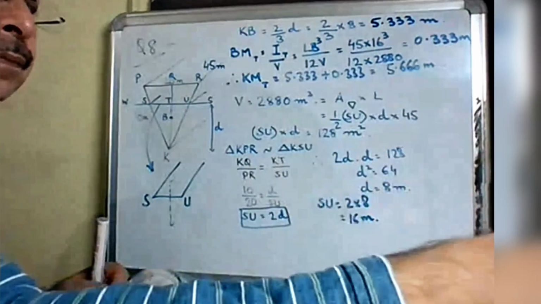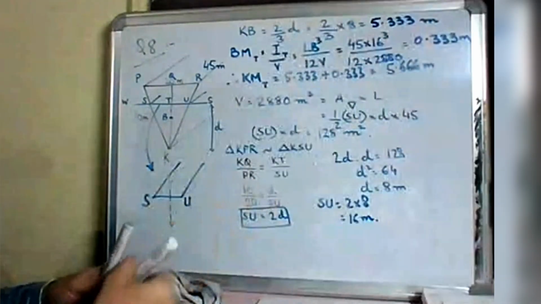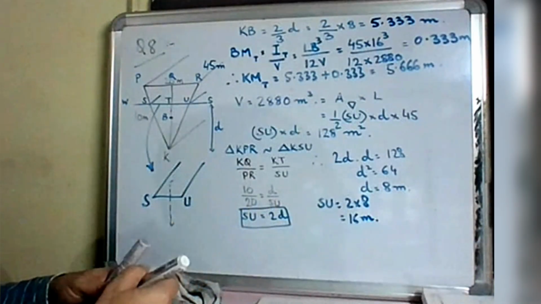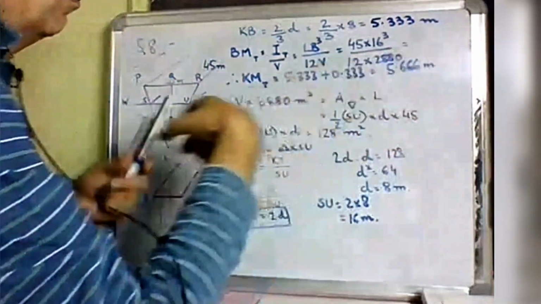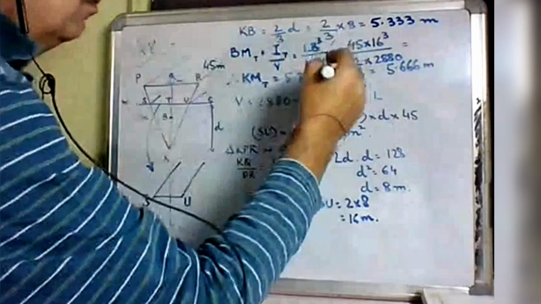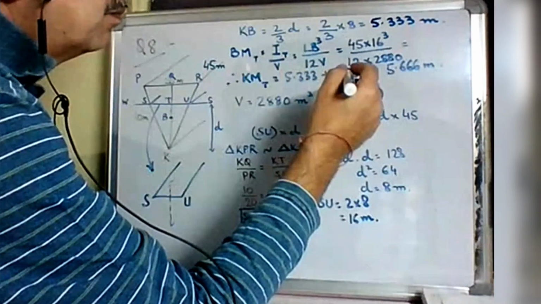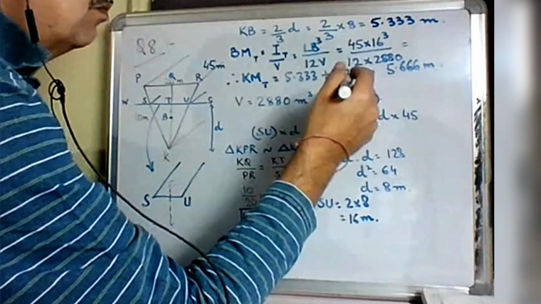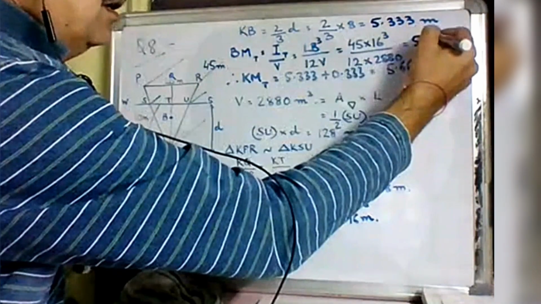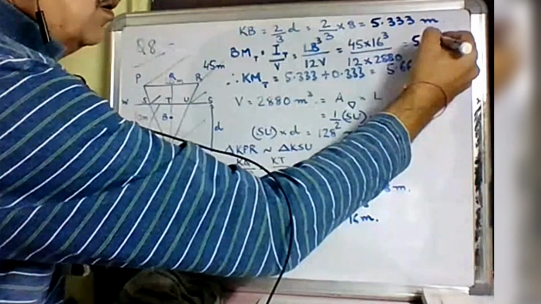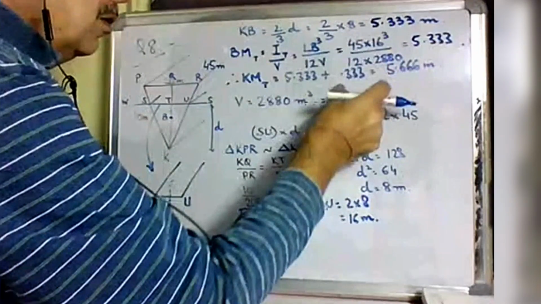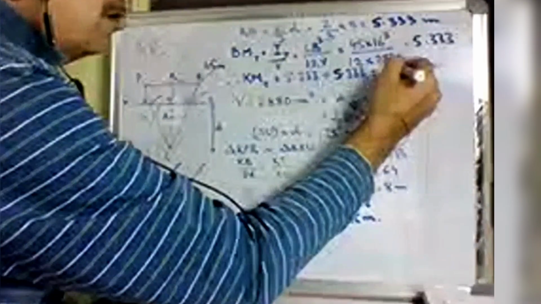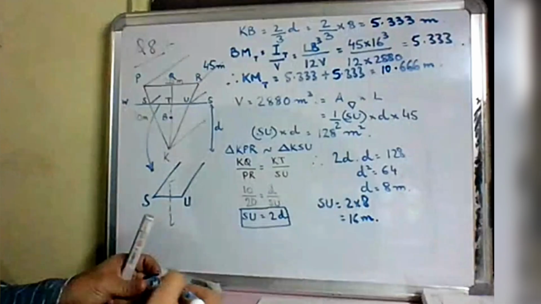Is that okay? No sir, this will be 10.666. This BMT, sir, should be half of that, 5.33 for BMT, B square upon something. Sir, for a triangle, BM is B square upon 6D, right? B square by 6D, correct.